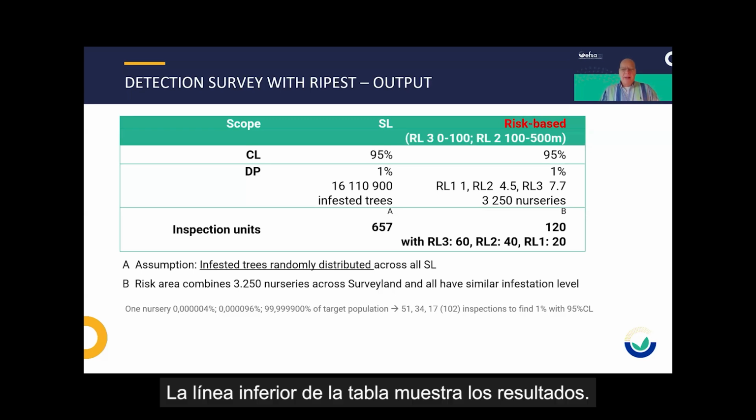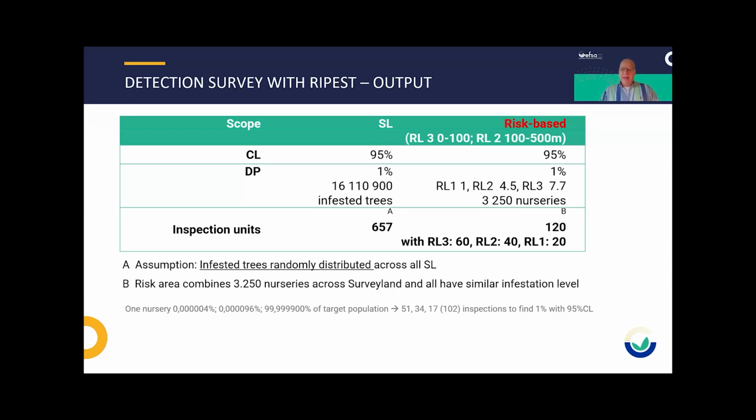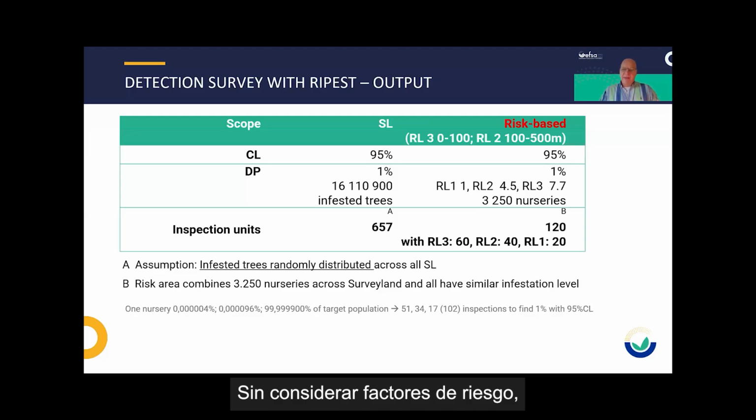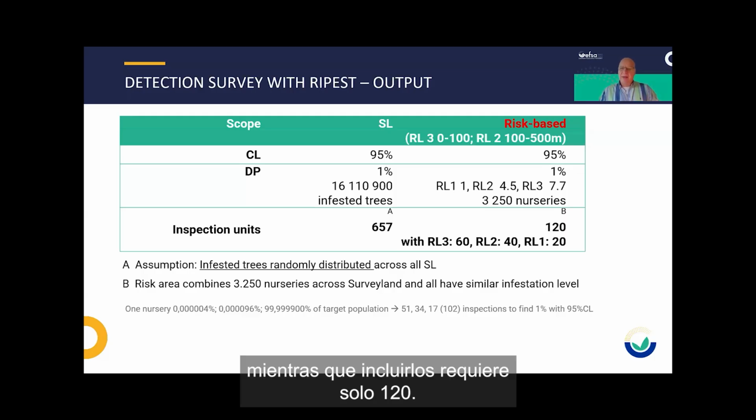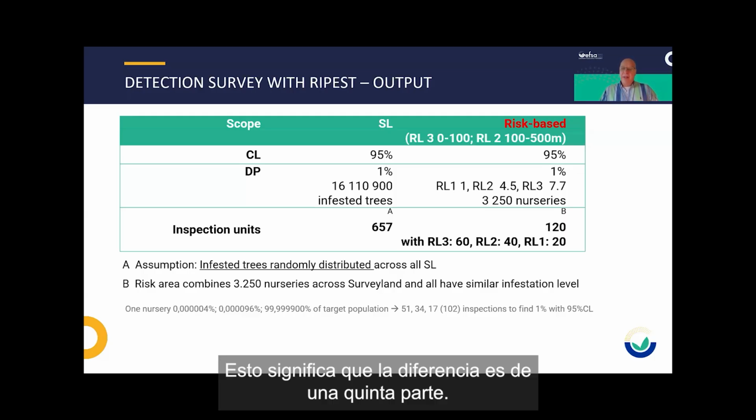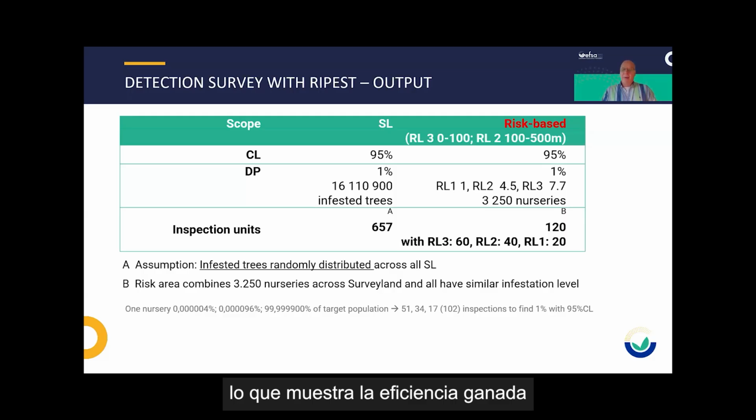The result line at the bottom of the table tells us that we have 657 samples without considering the risk factor, and only 120 are proposed when we include the risk factor. So the difference is about one fifth. The number to sample is five times higher if we are ignoring or not exploiting the aspect of risk concentration.